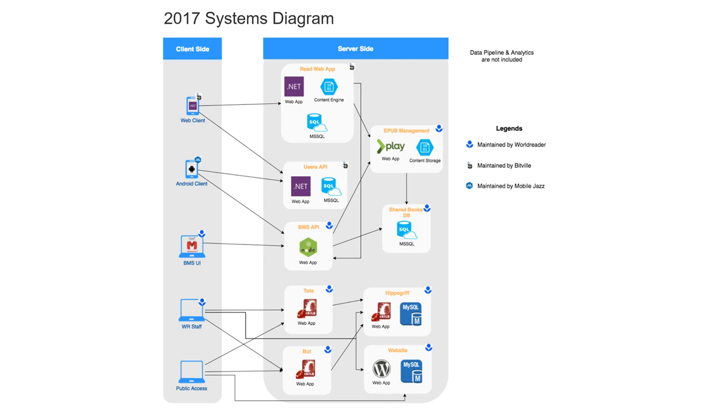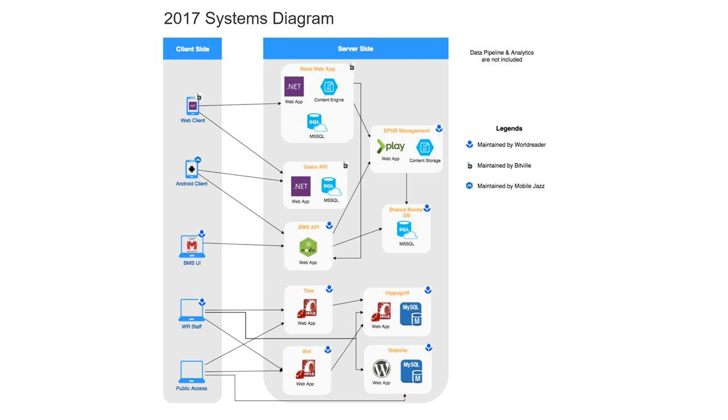That's the arrow going all the way down from the read web app to the BMS. That's how the web client consumes the BMS data, right? Yeah, through that connection. But the mobile Android device doesn't need to go to the read web app. It can go directly to the user API and the BMS ecosystem. That's it.